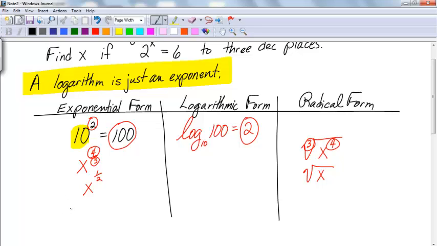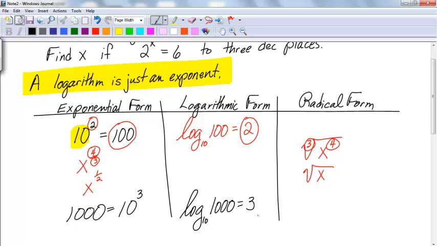Okay, if I said 1,000 is the same as 10 to the 3rd power, then to write it in logarithmic form, it's the log of the number, log of 1,000, base 10 equals 3. On your calculators, you have a log key down in the left column.